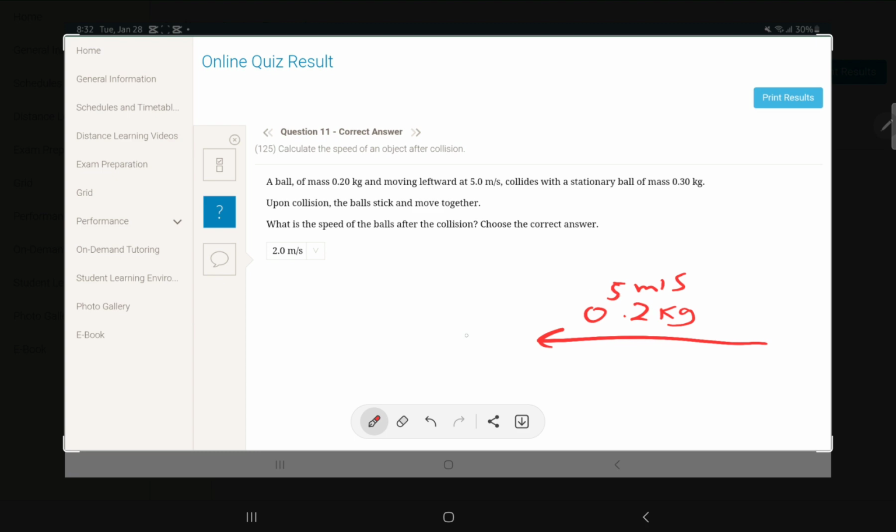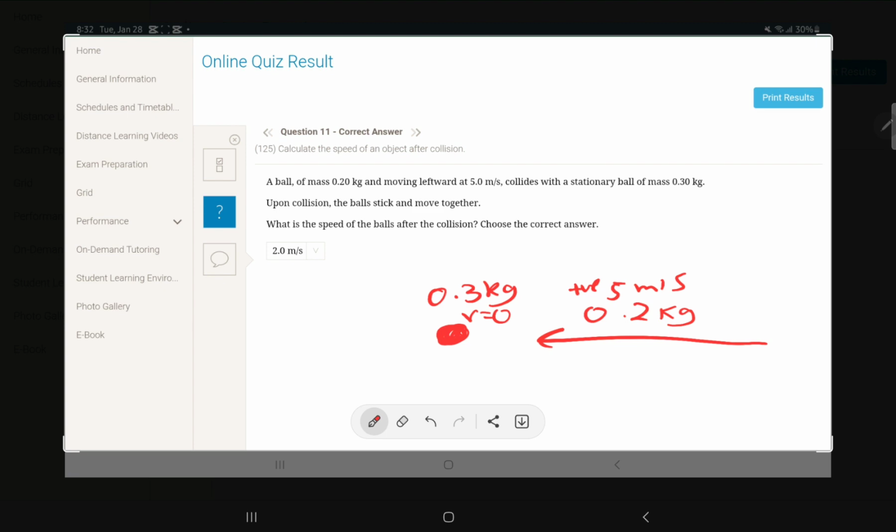It collides with a stationary ball that has a mass of 0.3 kilograms. Velocity is equal to 0. Now when this collides with this, they will stick together. So we use basically m1u1 plus m2u2. Let's say that leftward is positive.